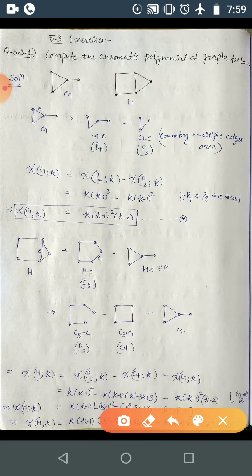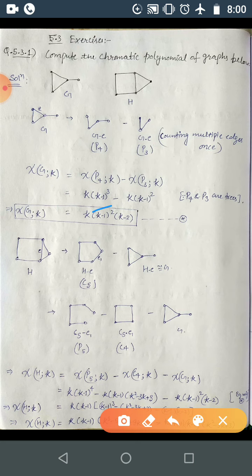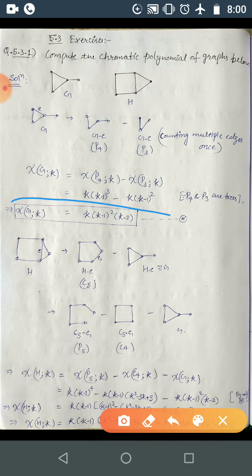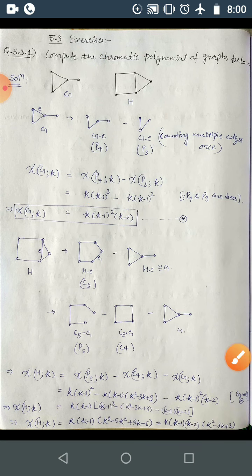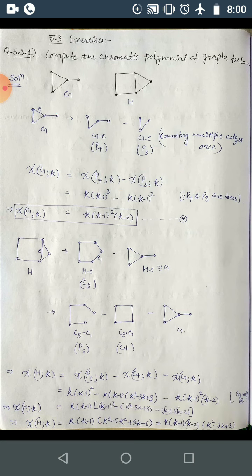Here, according to the chromatic recurrence, I have applied this formula, and after solving we got k into (k minus 1) raised to power 2 as common, and here it is (k minus 1) minus 1, correct? So this is the chromatic polynomial for this graph, and this is a kind of path type. You can remember this one, or you can just use this formula to compute whenever you require, okay?